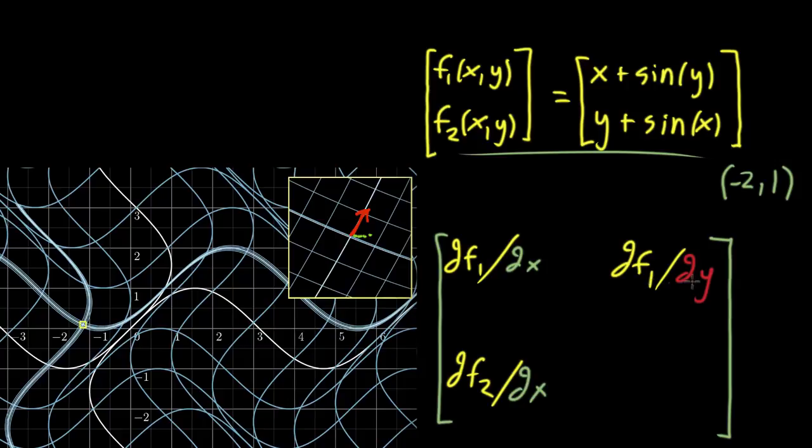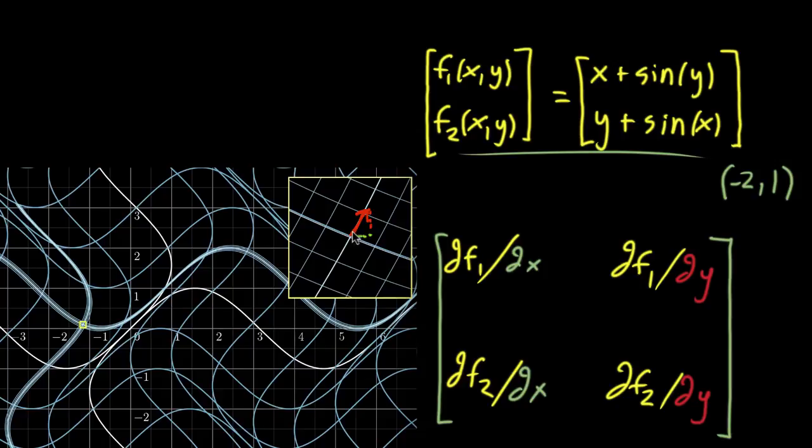So the change in f1 caused by some tiny step in the y direction divided by the size of that tiny step. And then the y component of the step in the output space that was caused by the initial tiny step upward in the input space, well, that is the change of f2, the second component of our output, as caused by dy, as caused by that little partial y.